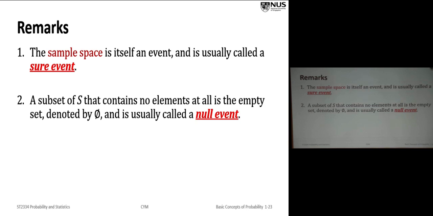Null event corresponds to there being no way that this outcome will come out. Sure event is that this event will come out. If the event that I'm considering is 1 and 2, then it's not a sure event. But if I say that I want the outcome to be 1, 2, 3, 4, 5, 6, that is sure to happen. All right?